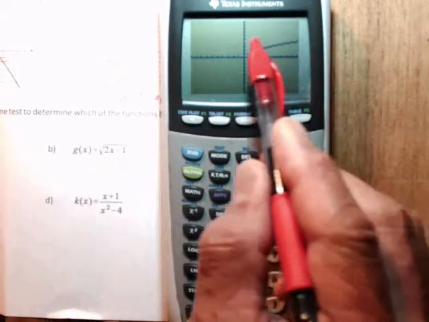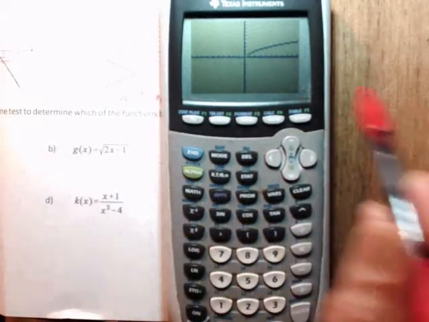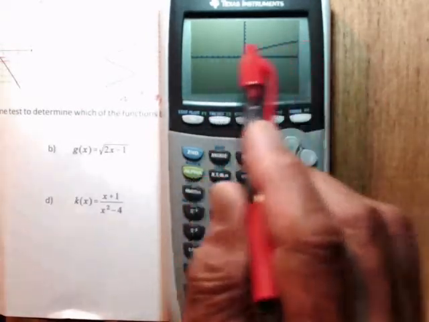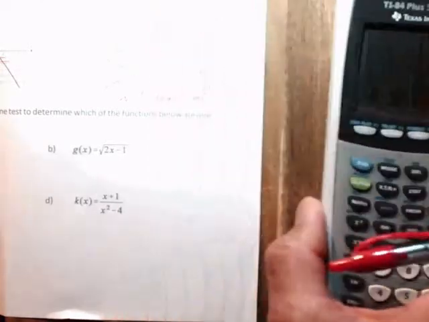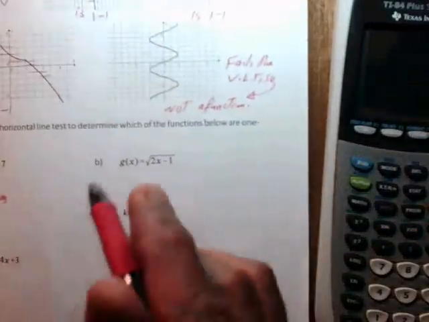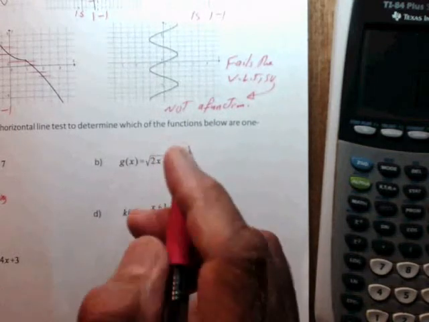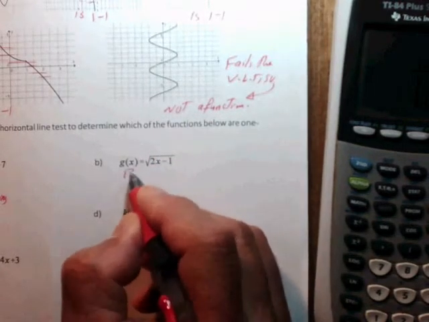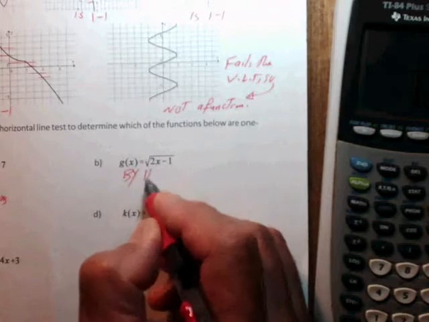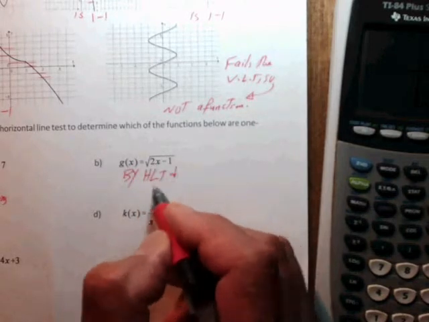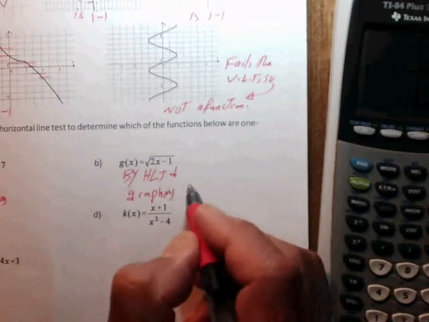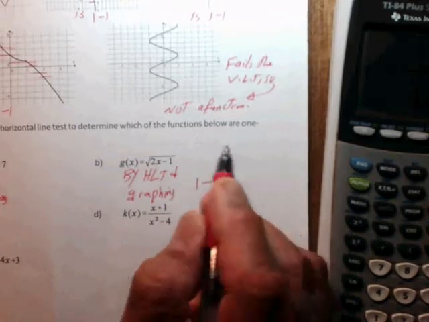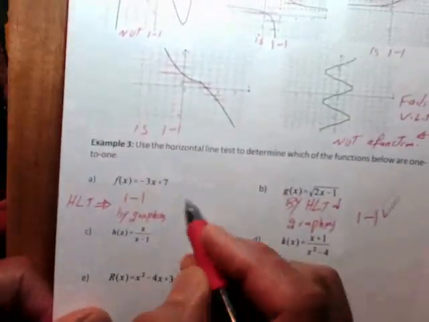Again, if I draw any horizontal line, you get one intersection point. So here I would say by horizontal line test and graphing, one-to-one. Okay, check mark. It's okay.